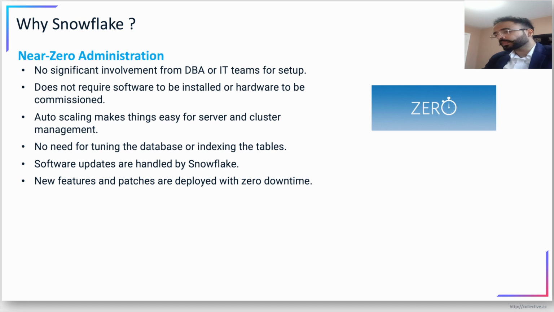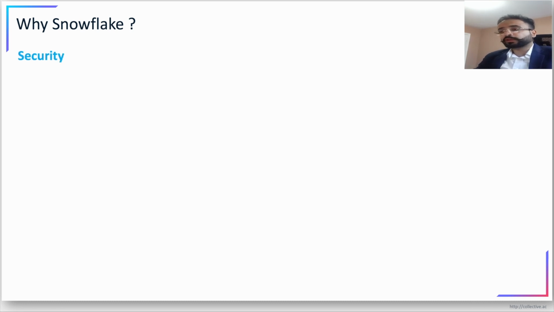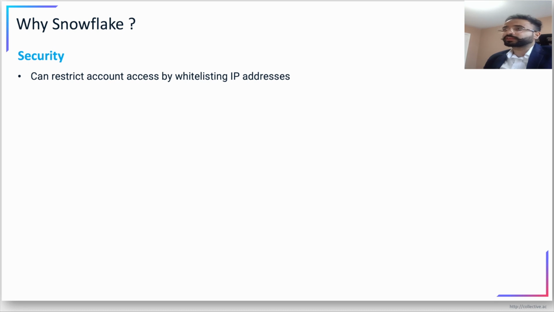The next point I would like to talk about is security, the way users access Snowflake and how the data is stored. Snowflake offers a wide range of security features. You can manage network policies by whitelisting IP addresses to restrict access to your accounts.